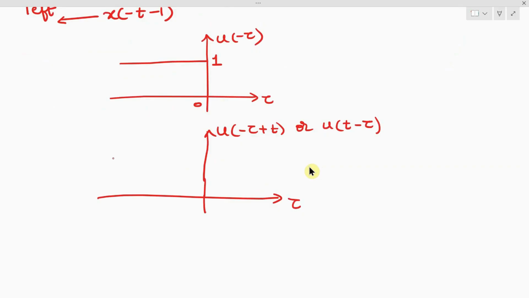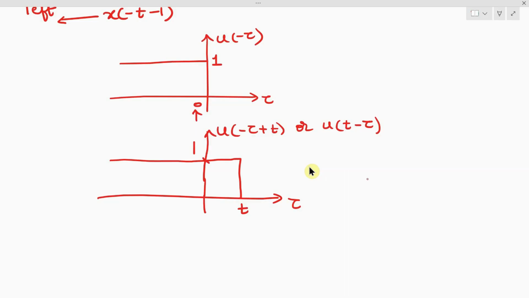Now it is a shift towards right. Am I right? By how many units does it have to shift? t units. That's why earlier it was 0, now it is shifted by t. And this amplitude is 1, the same.